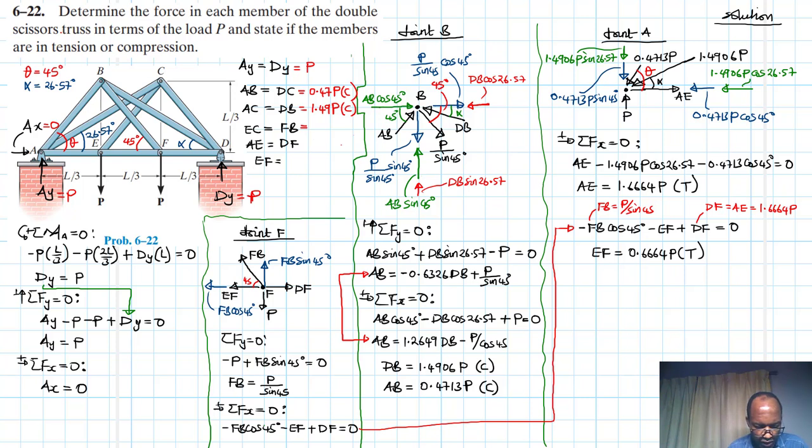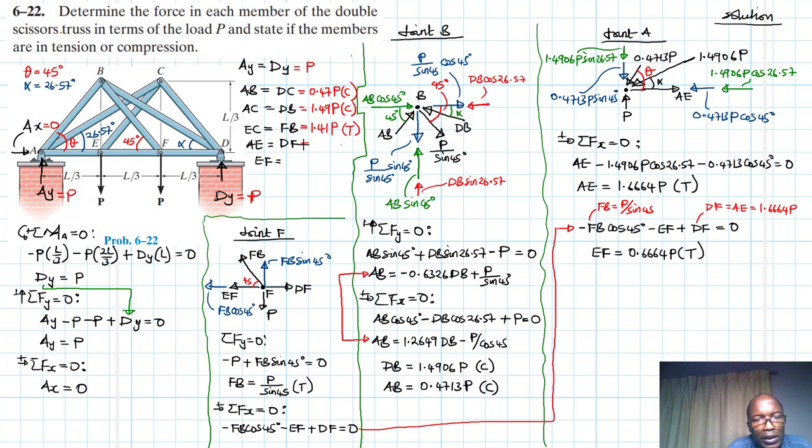So 1 over sine 45 gives us just 1.41P, and it is BF, it is in tension. This is in tension. Okay, so this is going to be in tension.